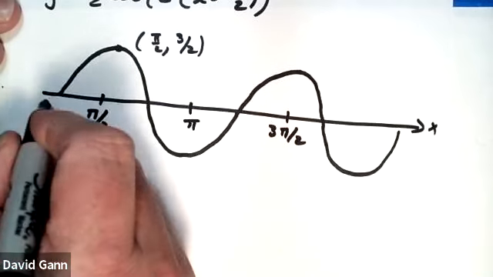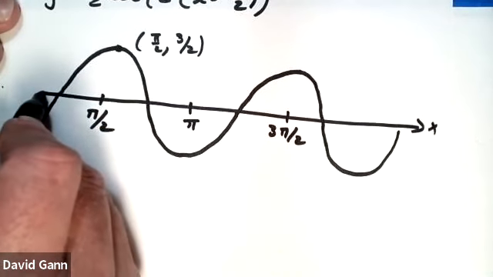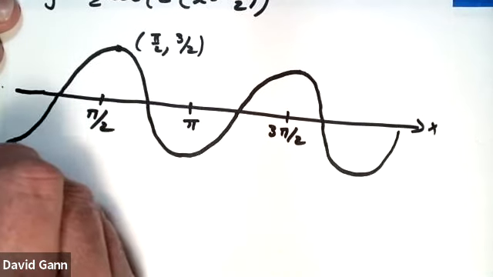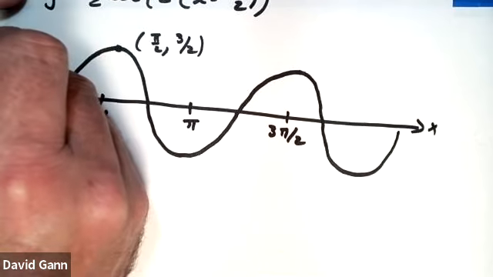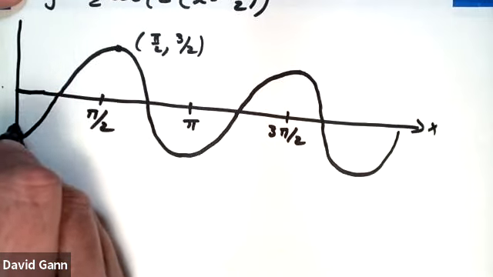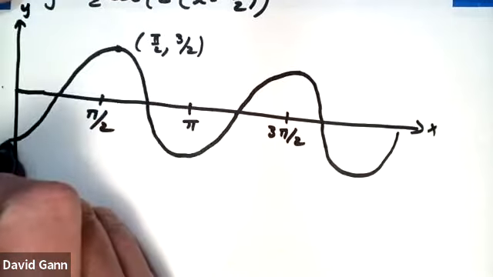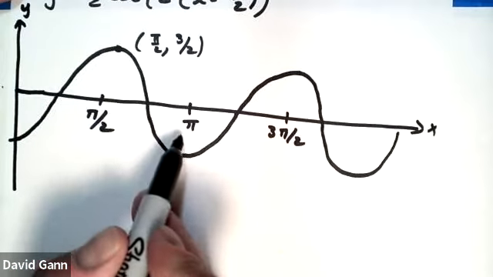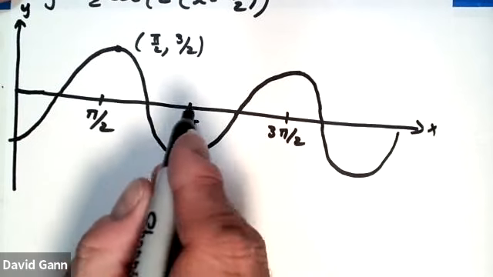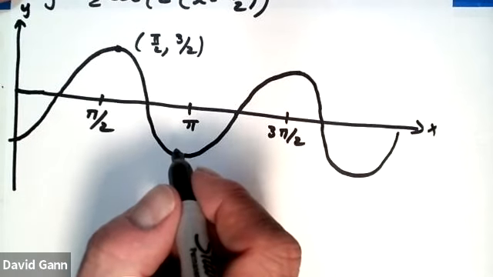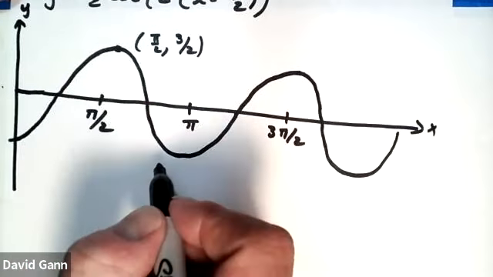And if we were to extend this just a little bit more, I kind of started too far to the right, but that minimum will actually be at the y-axis. So each one of the quarter points of this function is a unit of pi, or sorry, a unit of pi over 2.